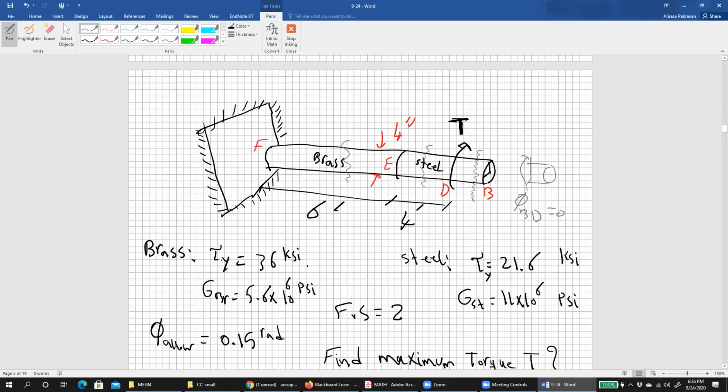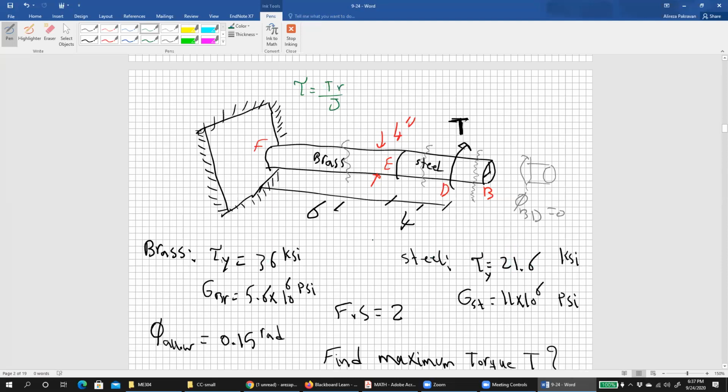And then, okay, let me write just as a review, something like last lecture's problem we solved. If we use this tau and we find T, then if we put T for the brass and find the tau, then tau would be greater than 21.6, and that's not good.